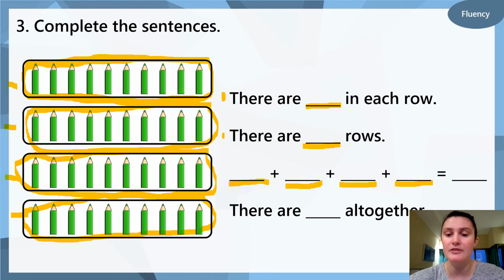Then you're either going to add all of these numbers or use your skip counting to find the answer and write it on the last line. Finally, you're going to write the last sentence. There are ___ all together. How many pencils all together?